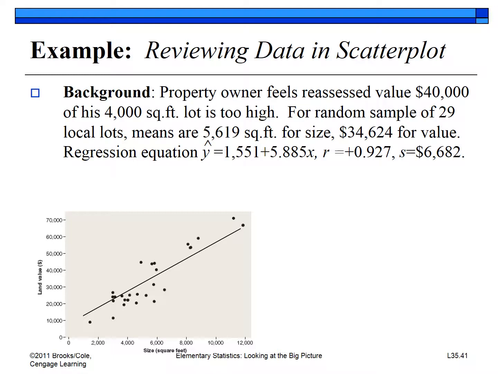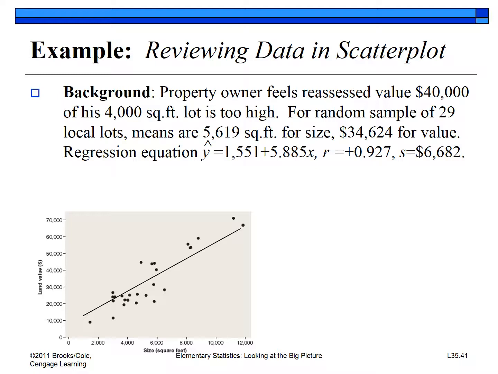So here's another example. Here we have a property owner who has had his property assessed, and he thinks that the assessed value of $40,000 is too high. So to check if it's too high, he took a random sample of 29 lots in the area.